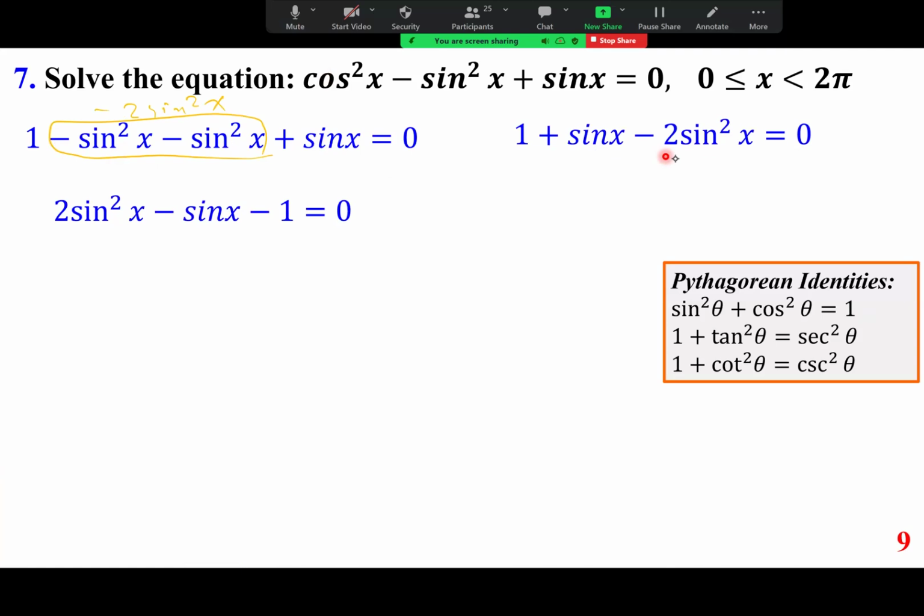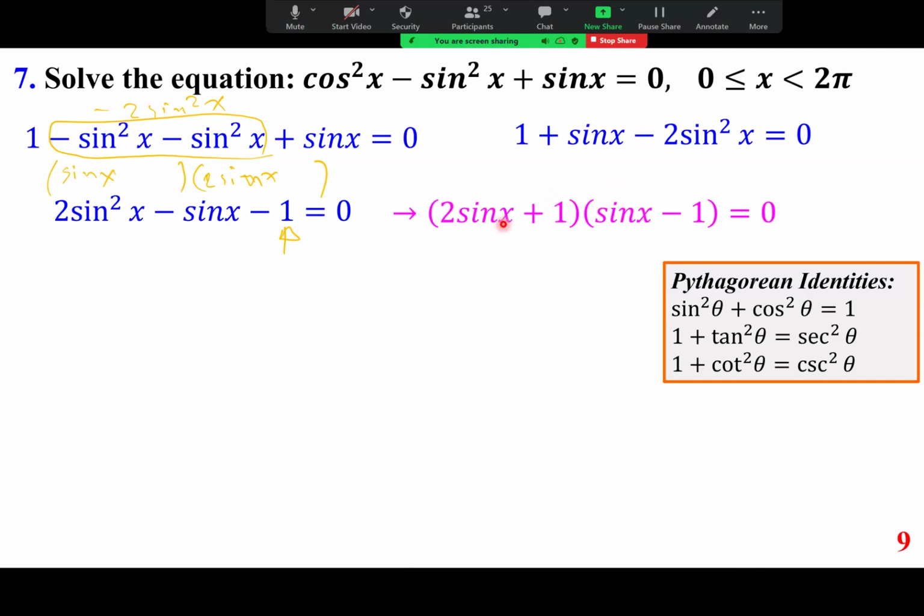Now, factoring is easy because this is a prime number. And class, see, this is sine x times 2 sine x. And because this is -1, you have to go with 1, and both of them are 1, one of them negative. Okay, and what you really should check is this.